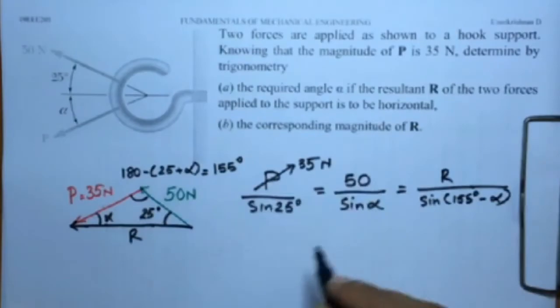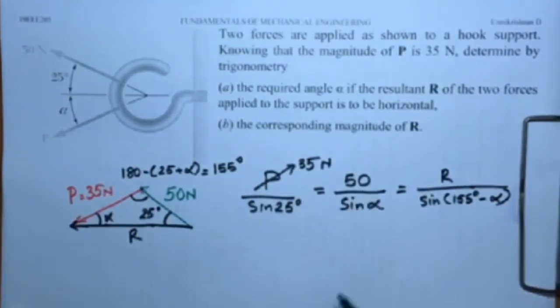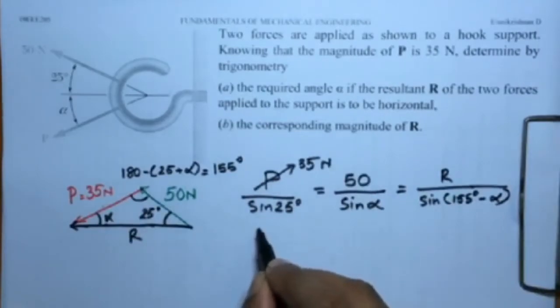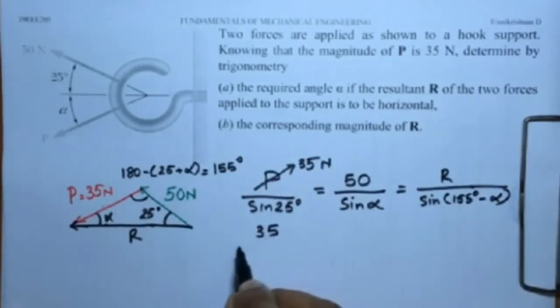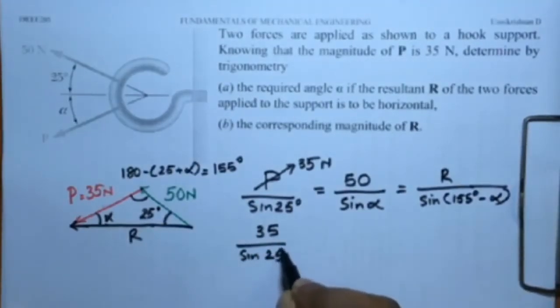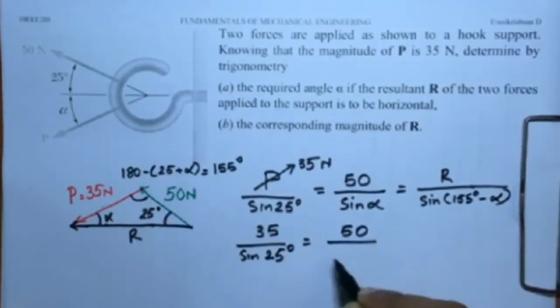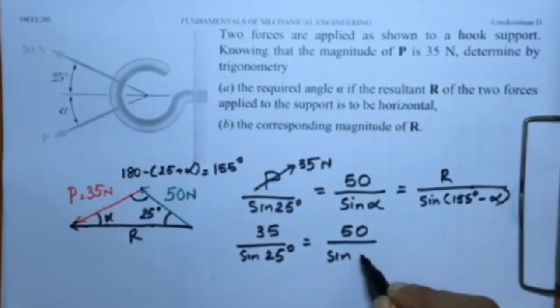So, P we already know as 35 newtons. If I take the first two terms, I will get 35 divided by sine 25 is equal to 50 divided by sine alpha.